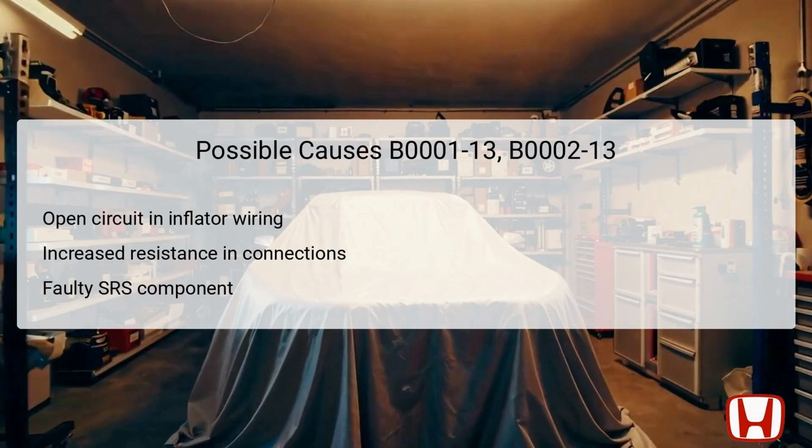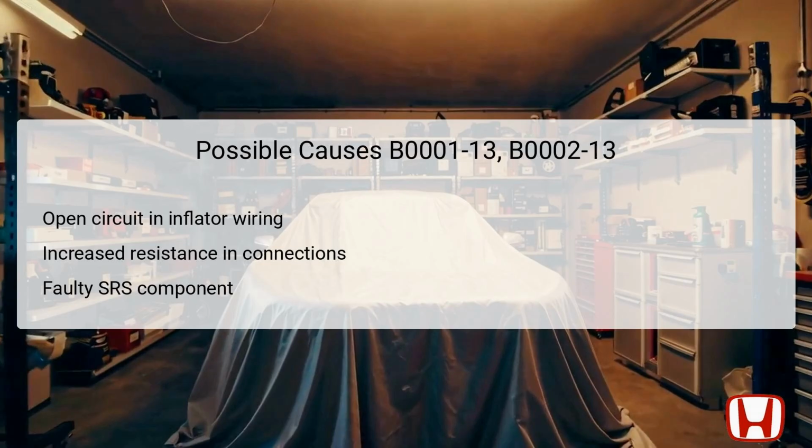Several potential causes can lead to the DTC B0001-13 and B0002-13 being triggered. One likely culprit is an open circuit within the wiring that connects the inflators to the SRS system. This can occur due to frayed wires, corroded connectors, or loose connections.